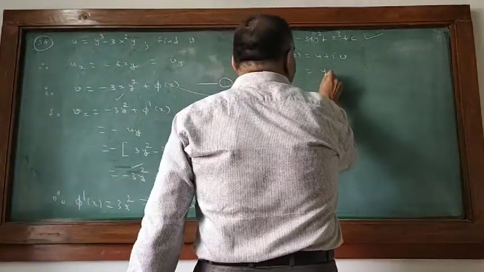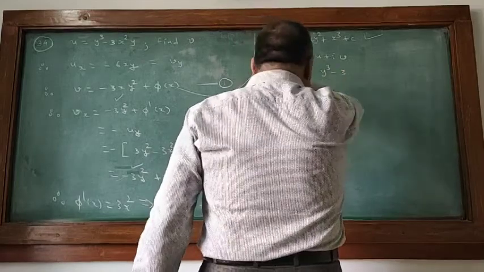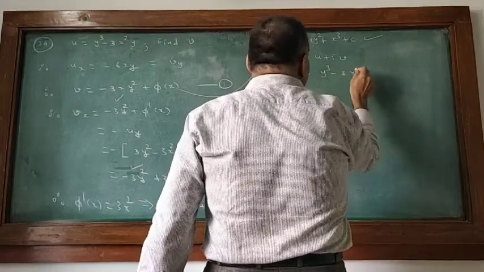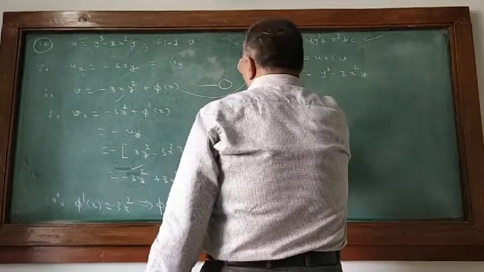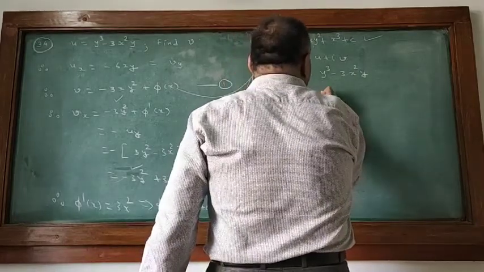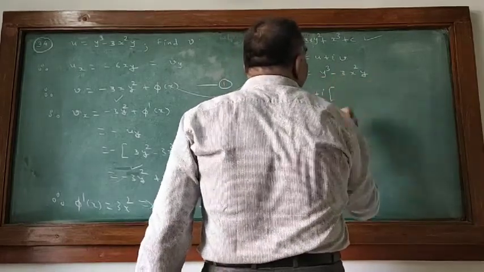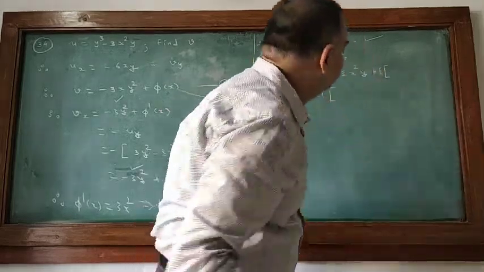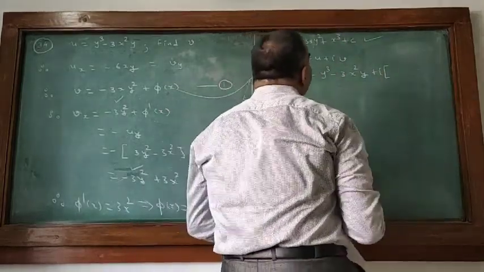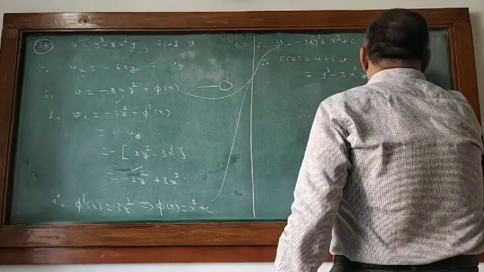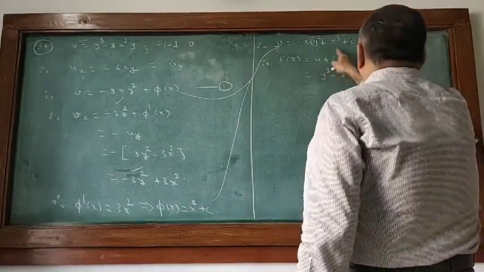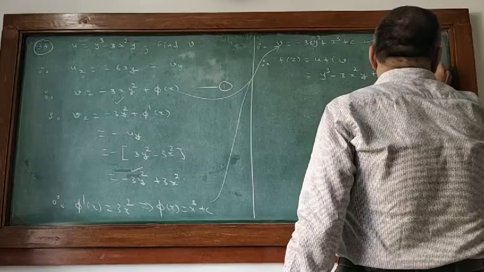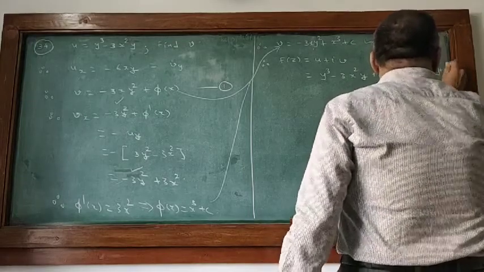U is y cube minus 3x square y, plus i times minus 3xy square plus x cube plus k.